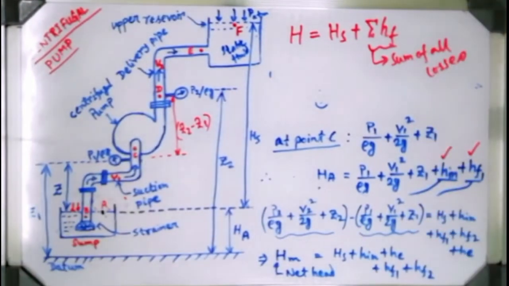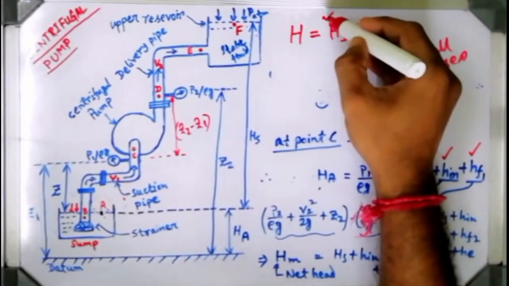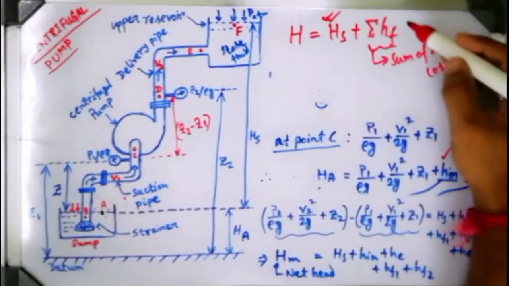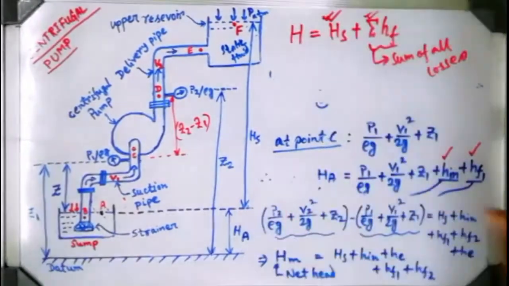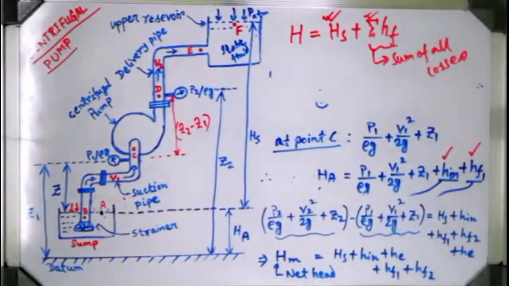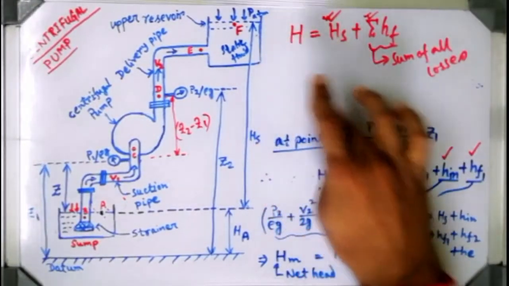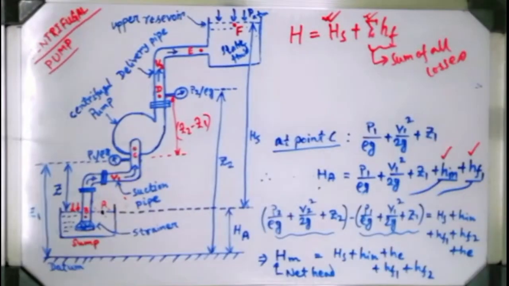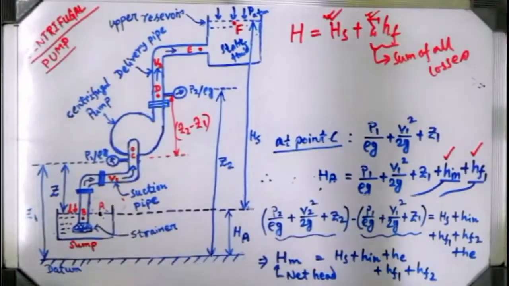So if any problem gives you a value of static head, and suppose they have mentioned the sum of all losses, and you are getting this amount, then from there also you can get the value of total head developed by the pump.